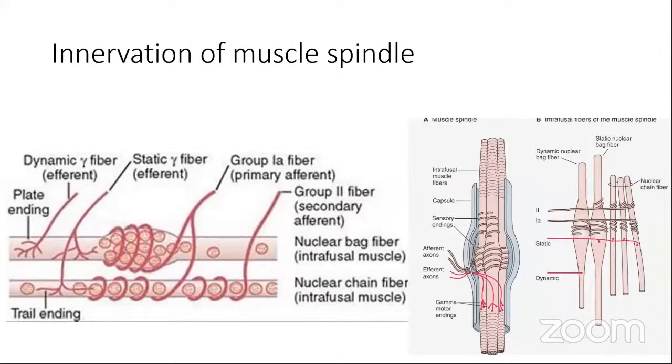On the right side, you can see the intrafusal muscle fibers in the middle, surrounded by a grey colored capsule. The afferent axons and efferent axons enter the muscle spindle through the capsule.